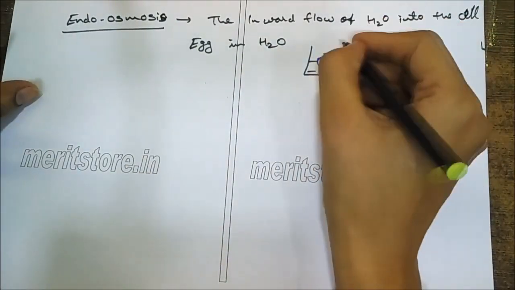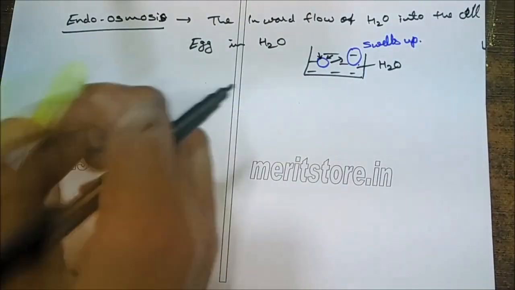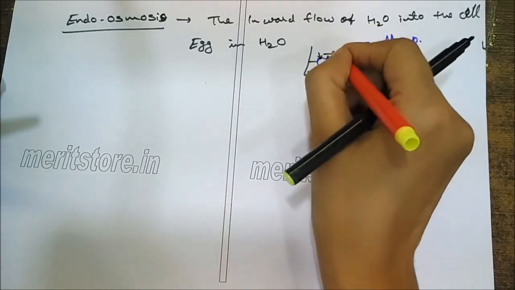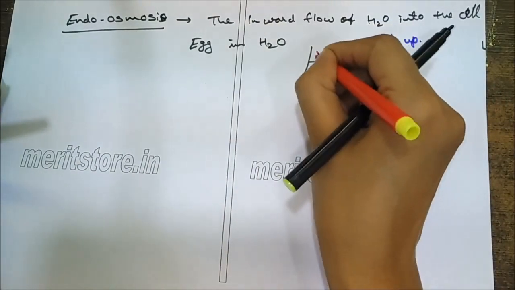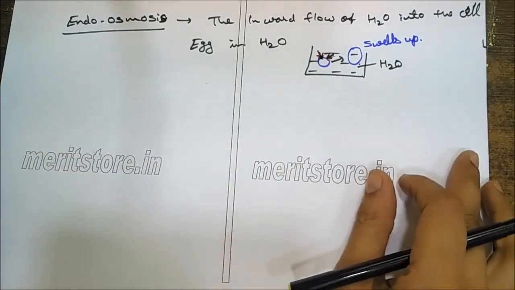Why will it swell up? Because of endoosmosis, the water of this container will get into the egg and the egg will swell up. This process is called endoosmosis.